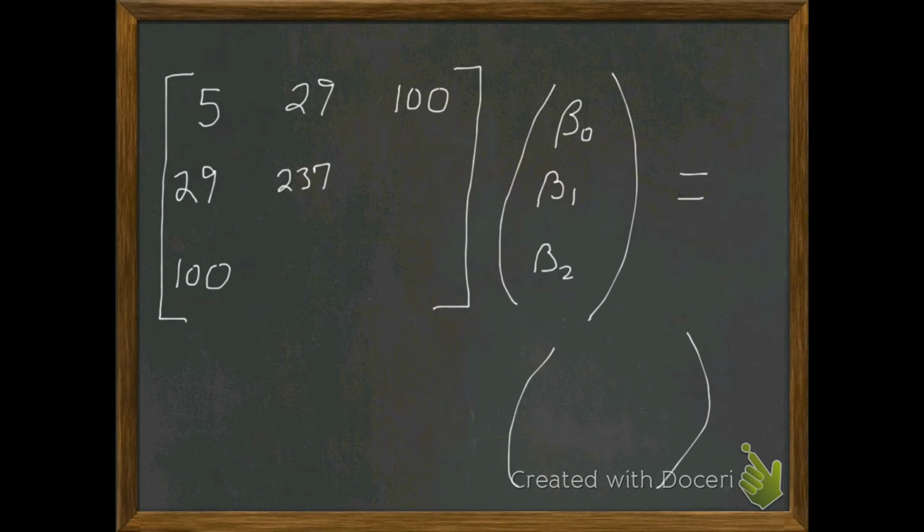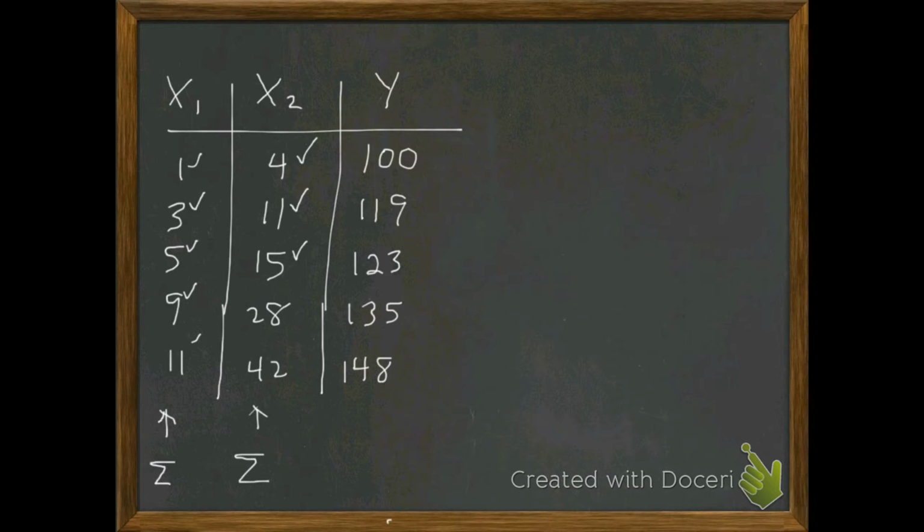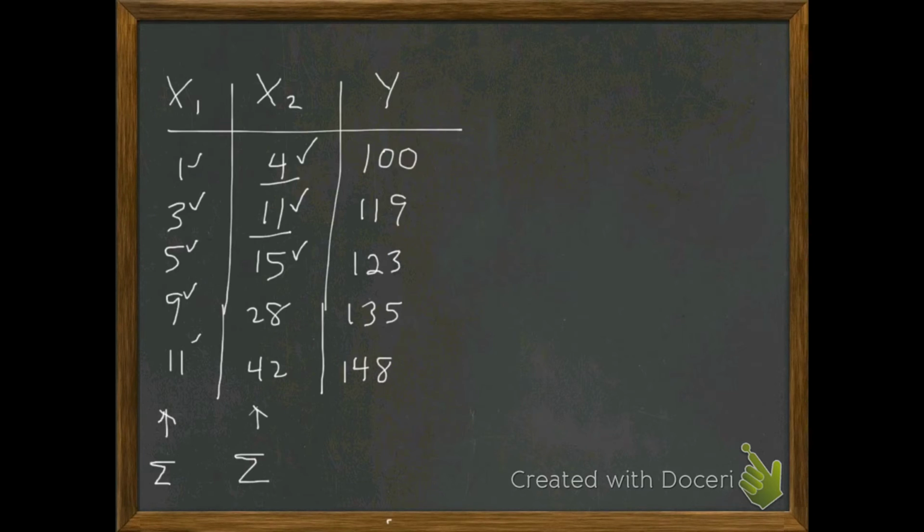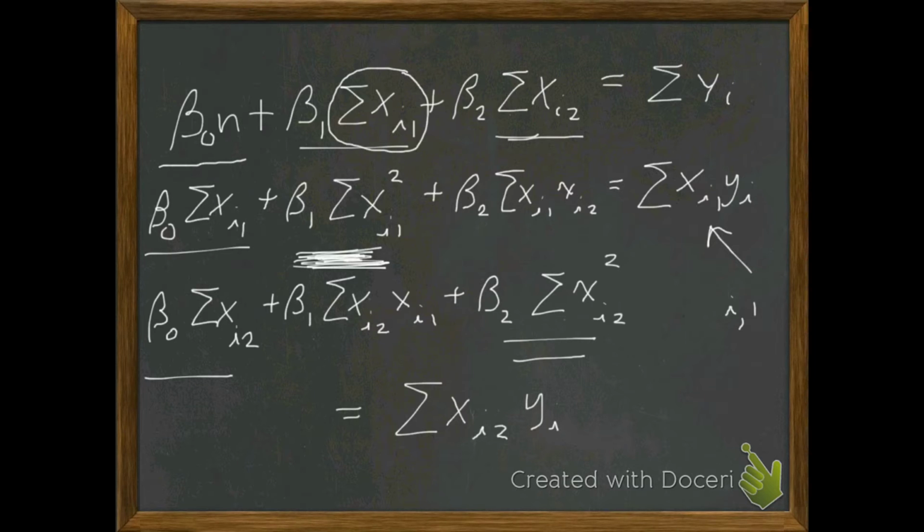For the bottom right, I'm going to square up the x2's, so 16 plus 121 and so on, and I get 2910. I really encourage you to check me on that. Guys, I get 826 here in both of these. Ultimately I'm taking the product of the corresponding x1, x2's.